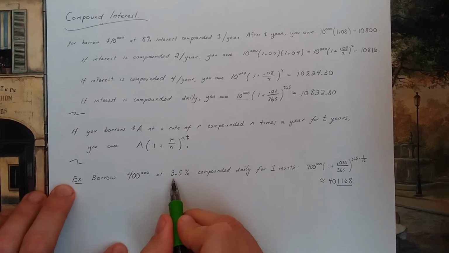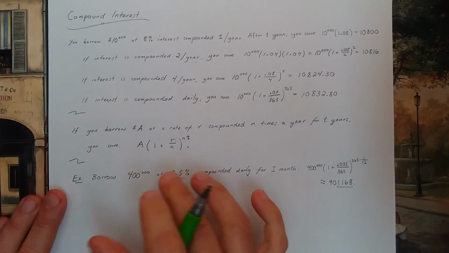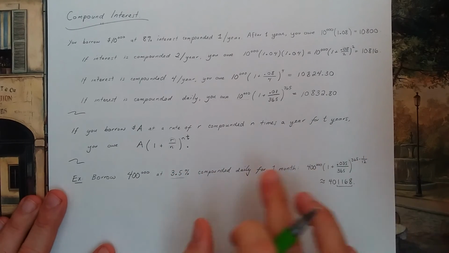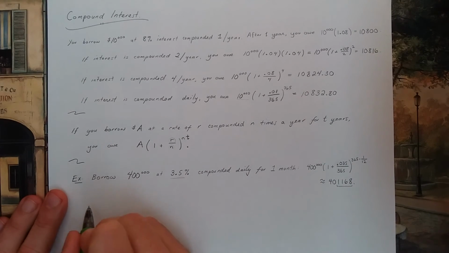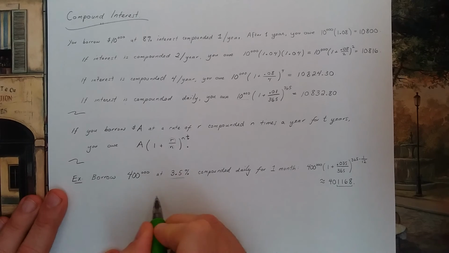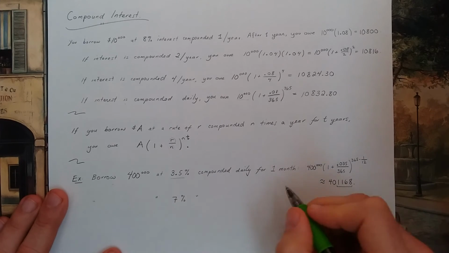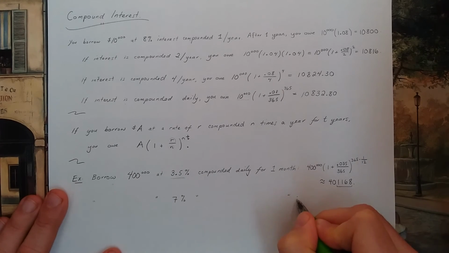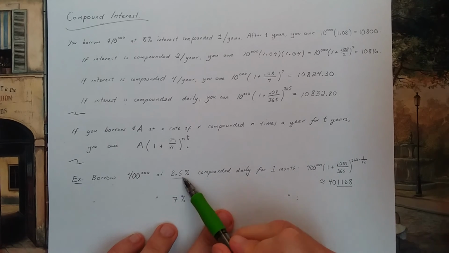Let's see what happens if you change the interest rate. This is one of the reasons why people are so fanatic about getting a good interest rate. If you change the interest rate, of course, it changes the amount you have to pay each month. So let's say you borrow the same amount of money, but you get an interest rate of 7%. And you compound daily for 1 month. So at 7% interest, I'm doubling the interest rate.